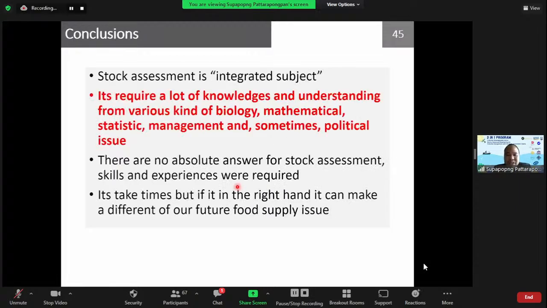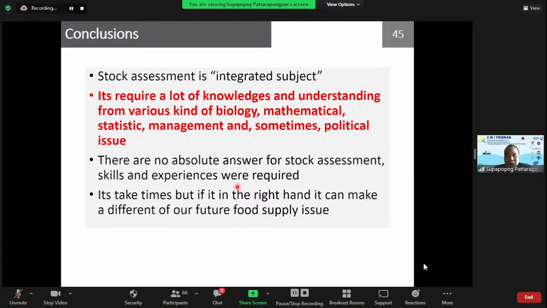In conclusion, stock assessment is an integrated subject. It will always be difficult if you have only one kind of knowledge, for example only statistical knowledge or only stock assessment knowledge.